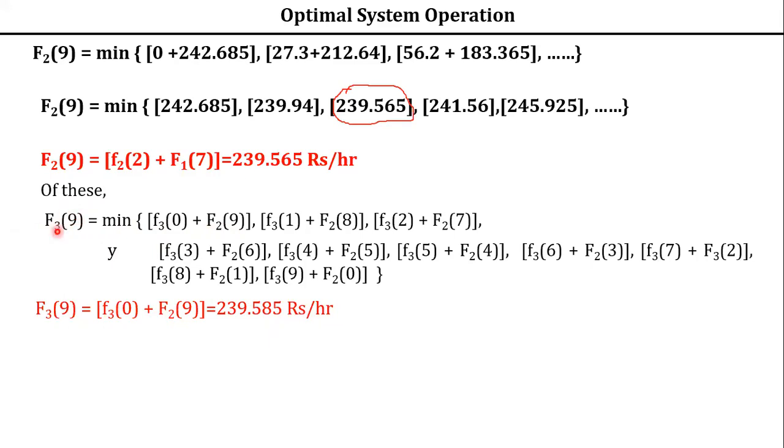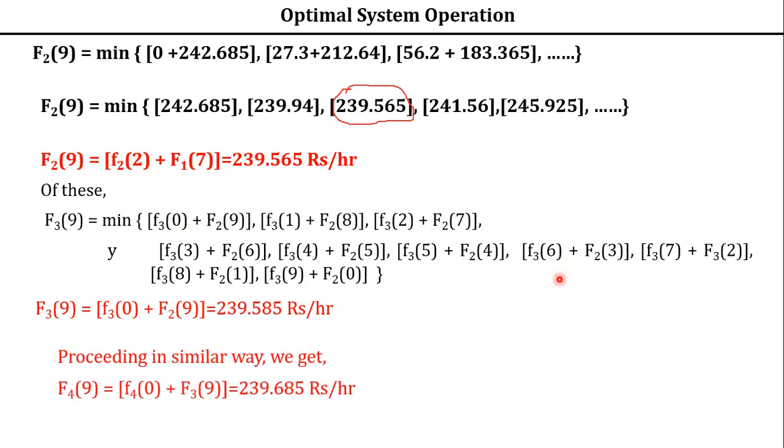F4 of 9 is equal to, this will be F4 and this will be F3. Understood? That means for the fourth unit you have to take the AI, BI cost coefficients, and here the third unit's coefficients when you are evaluating F4 of 9. Similarly, you are going to get the F4 of 9 value.